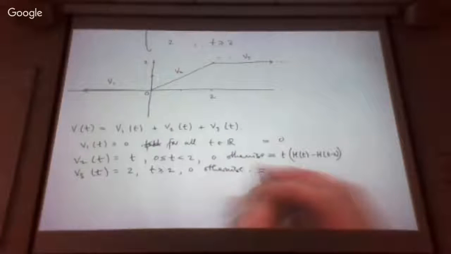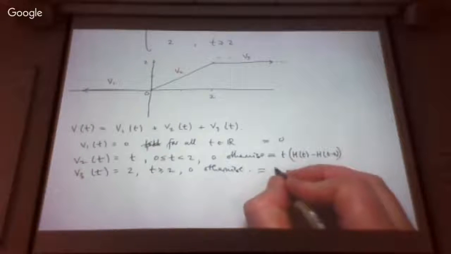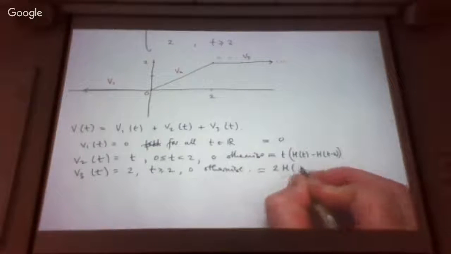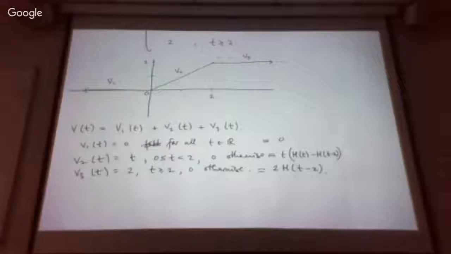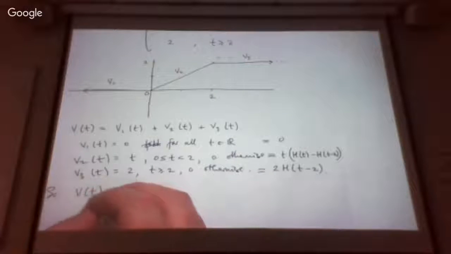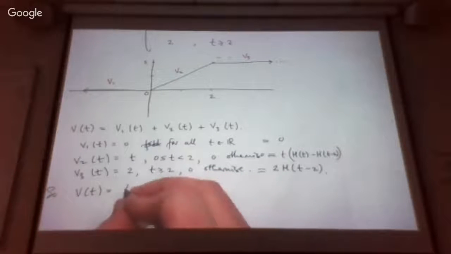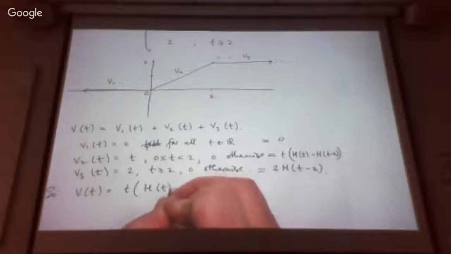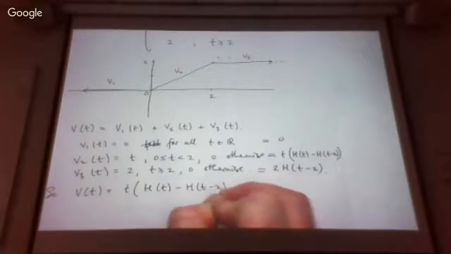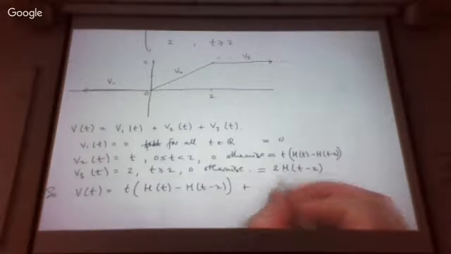And this function v3, which is to be the value 2 for every t beyond 2, that's going to be 2 times h of t minus 2. So our v of t is the sum of these three things. The first is 0, so I don't need to include that. It's going to be t times h of t minus h of t minus 2, plus 2 times h of t minus 2.